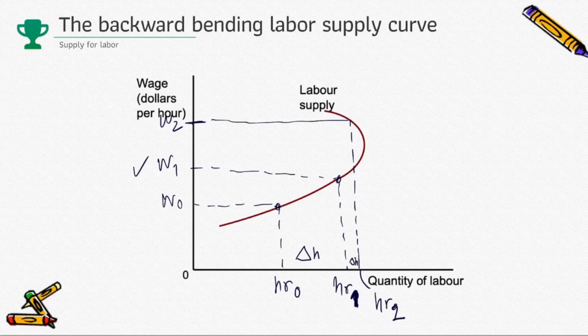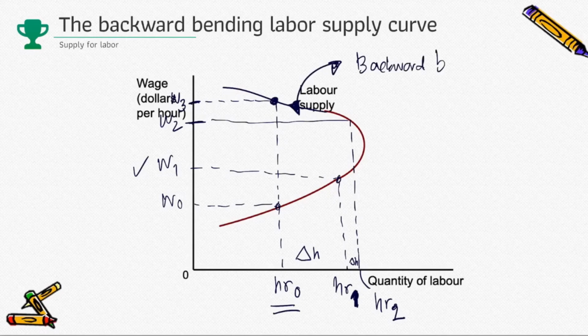And if the wage increases up to W3, the laborer says, oh, I'm very tired now. I'll allocate my time just as before, HR0. This is the situation of the backward bending supply curve.